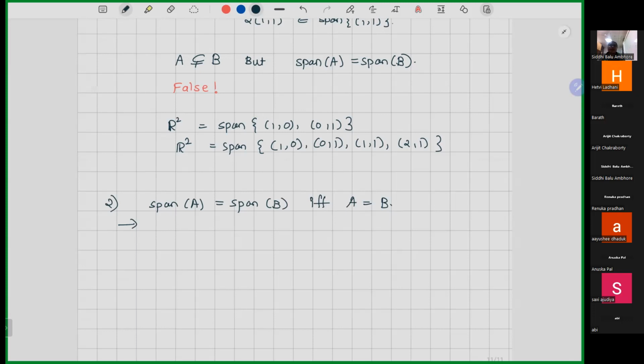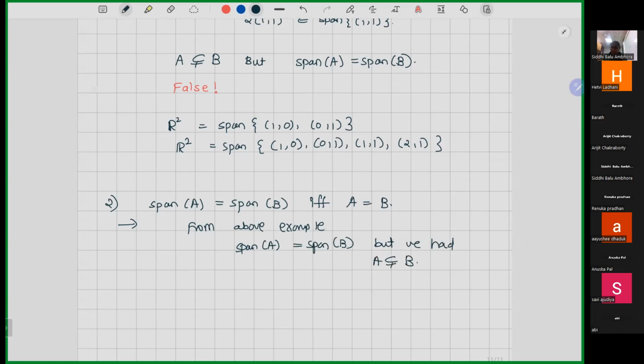Yes, exactly. As Bharat said, no, we can just use the above example itself. We know that span of A is equal to span of B, but we had A properly contained in B, right?